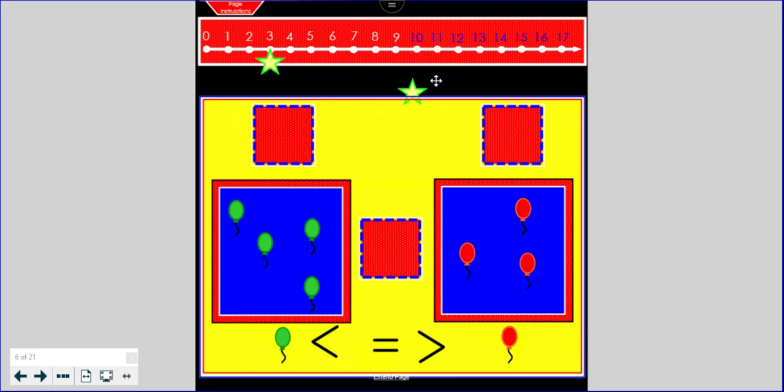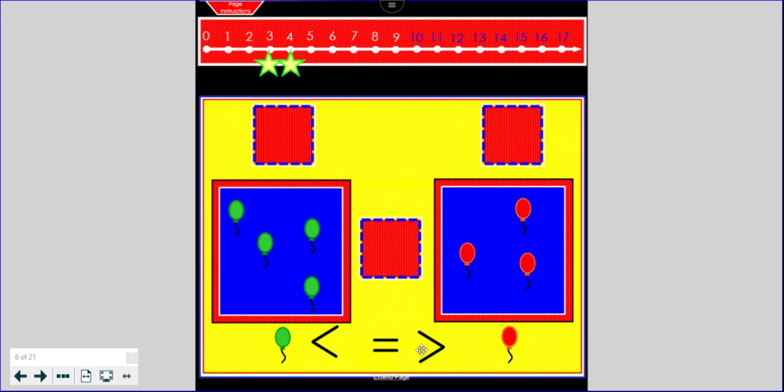I'm going to use these stars to mark on my number line how many of each kind of balloon I have. So this side has 4 green balloons. Let's count how many red balloons there are. 1, 2, 3. So I'm going to use this star over here, and I'm going to mark how many red balloons I have.